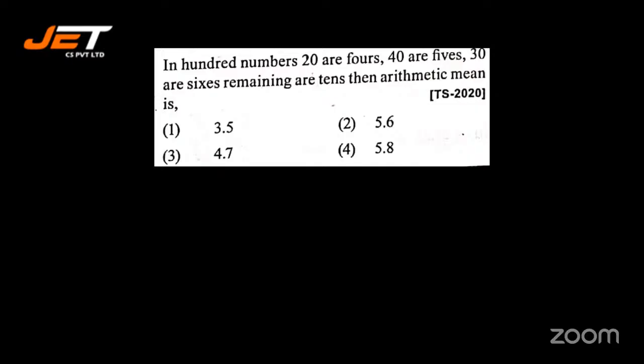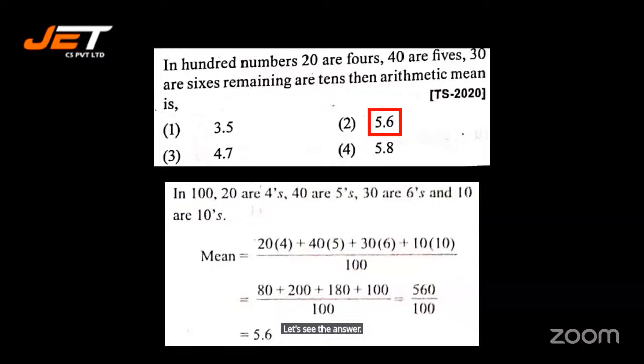Yeah, let's see the answer. In 100, 20 are fours, which means 20 into 4. Okay. 40 are fives, that is 40 into 5. 30 are 6, which means 30 into 6.